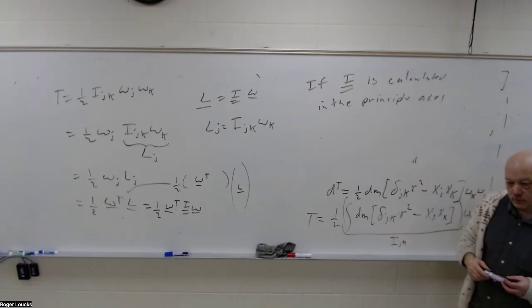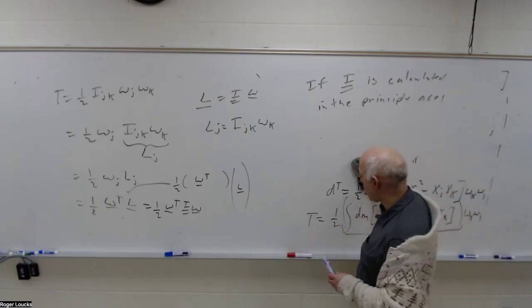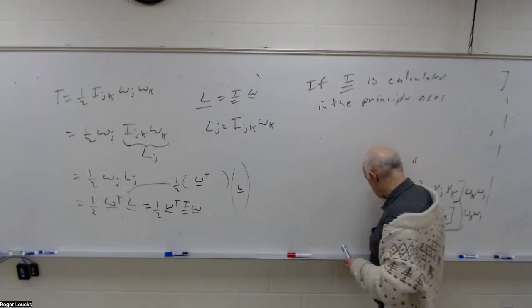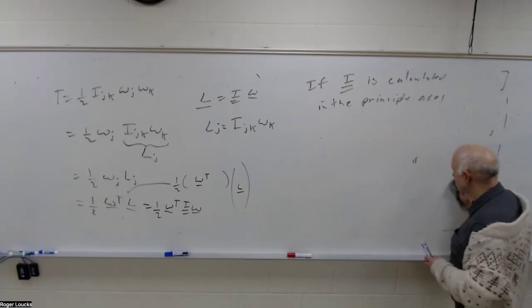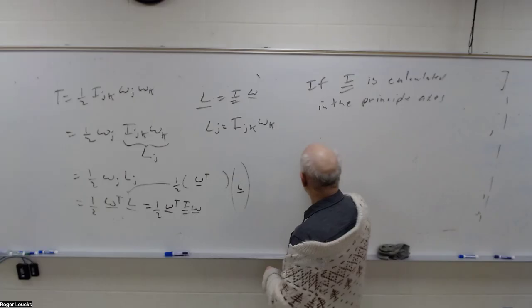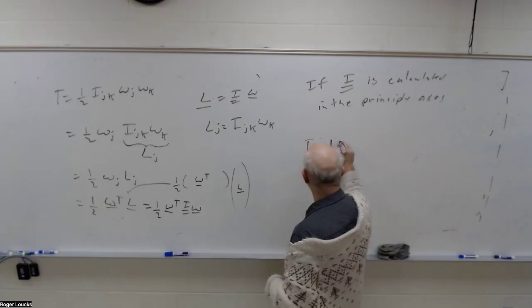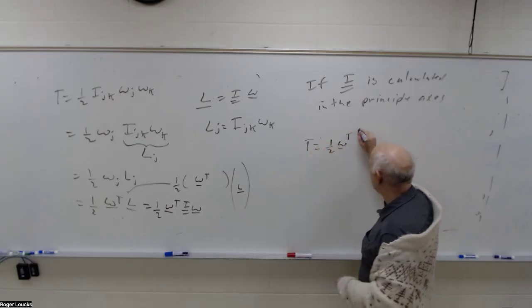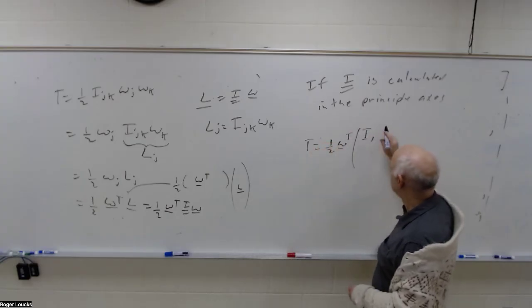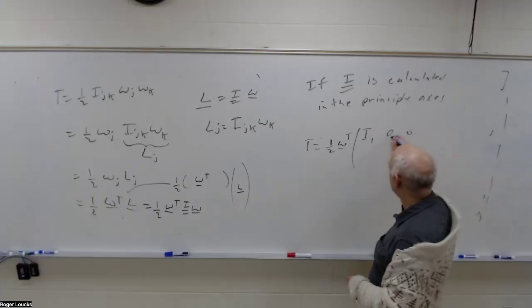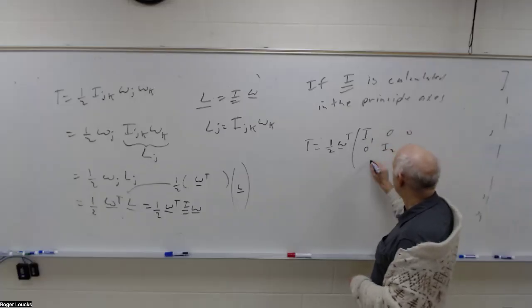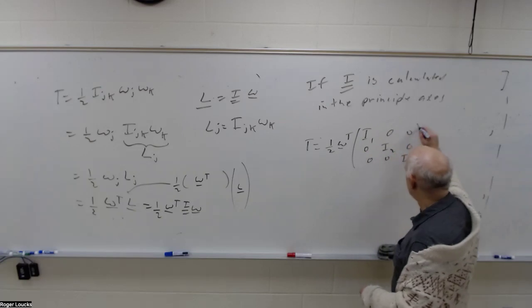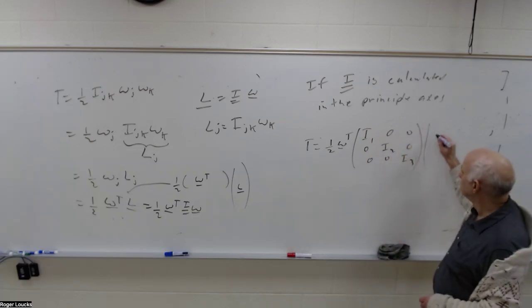What happens? Your I is going to be diagonal. What happens here is that I have T equals 1/2 omega transpose, and my I is this diagonal matrix. My omega is this.